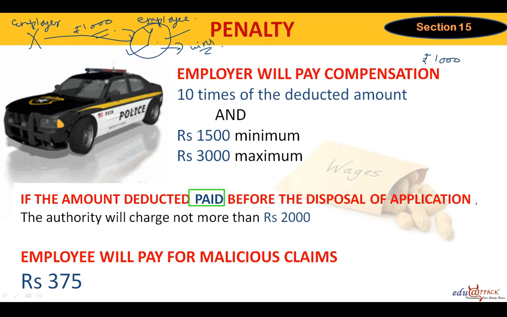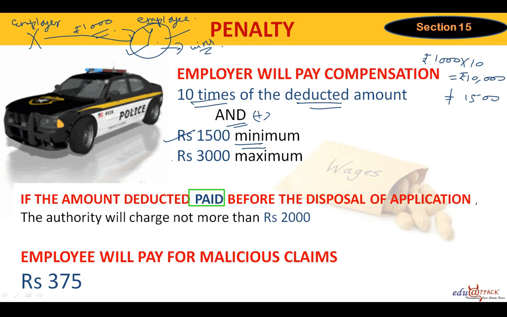Now the employer will pay according to Section 15 how much amount? 10 times the deducted amount. So what was the deducted amount? 1000. 1000 into 10, 10,000 rupees. And plus 1500 minimum fine. He will pay minimum 1500 fine. Minimum he has to pay that amount.